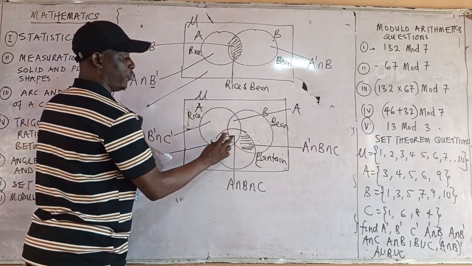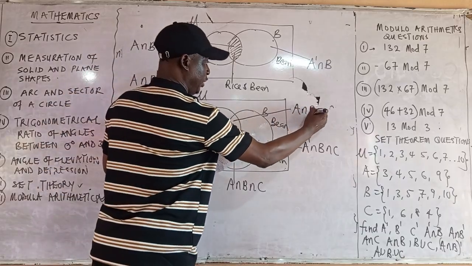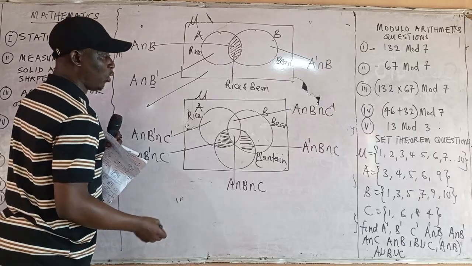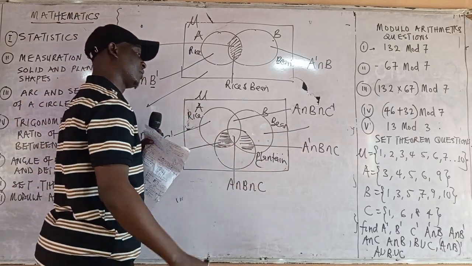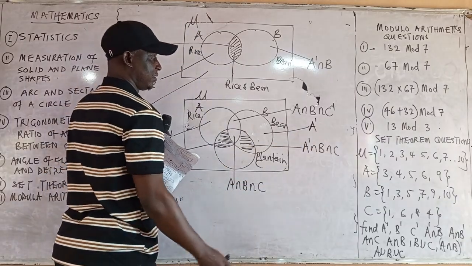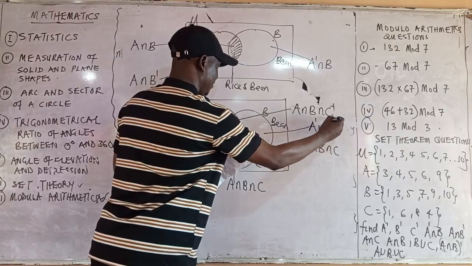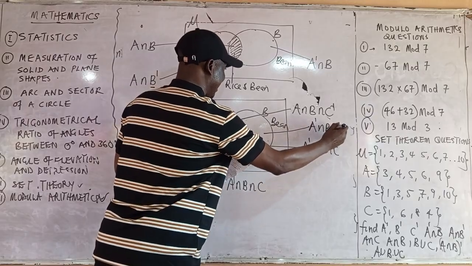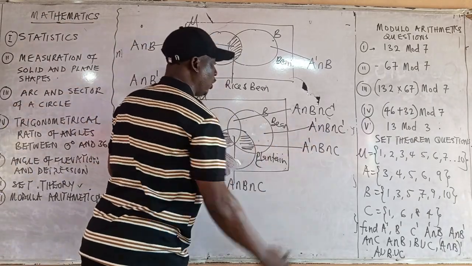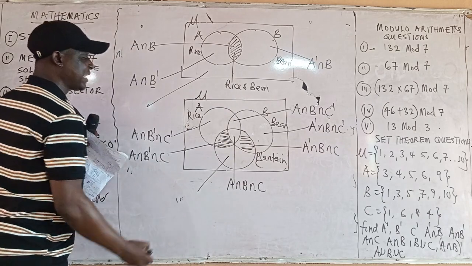A, this and this are involved. Only C is not. Intersection B and your C prime, I mean now. What about this area, class? A prime intersection B intersection C prime. Only A goes out, right? C prime, okay, only B. Excellent. What about the last one there?